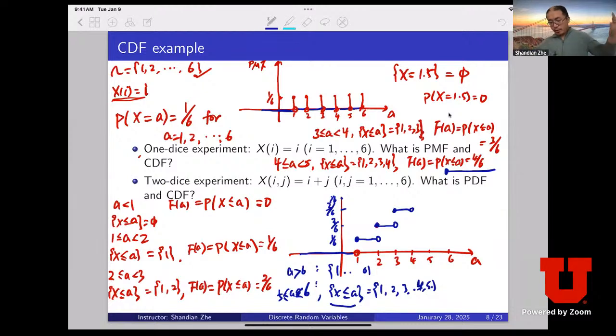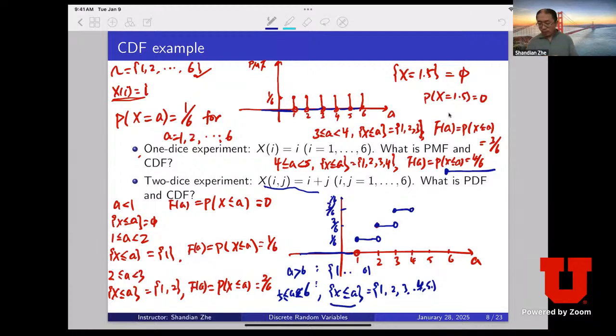Consider a two dice experiment, where you roll the die twice. A different random variable, X_ij equals i plus j. Then try to calculate the PMF and the CDF. It's a little bit tedious, but it's really good practice.